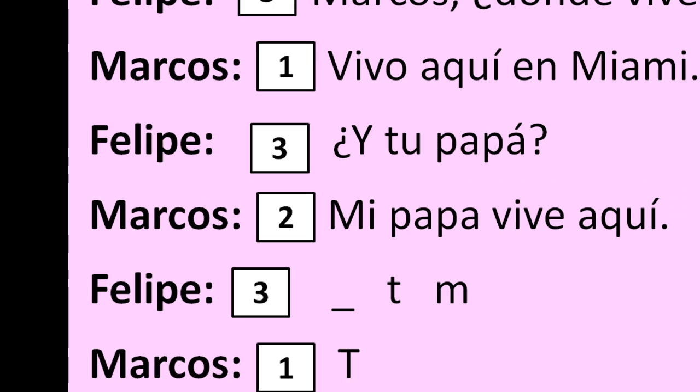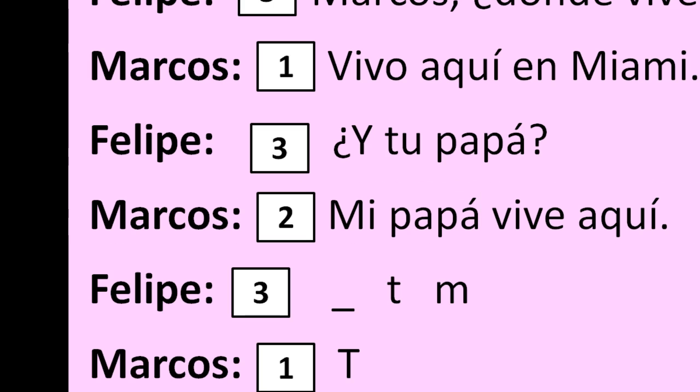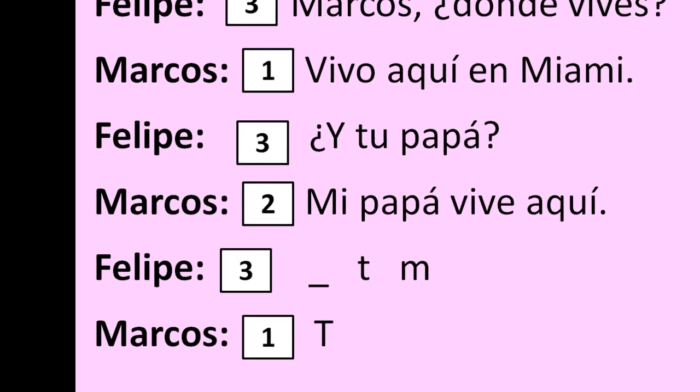Mi papá vive aquí. Except one thing. You can see I put the accented I on there, the accented I, which we would say I con acento. But we have to put the accented A here. So I'll hold Alt down and tap 160. And now I have it. Mi papá vive aquí.